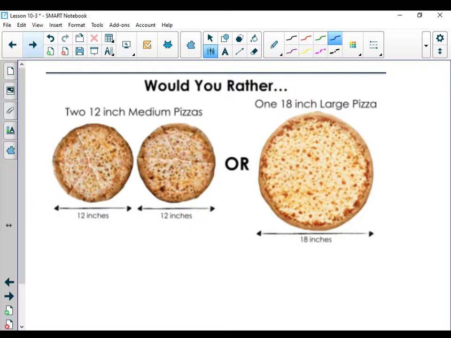So Domino's has a deal. You can get 1 large for $12 or 2 mediums for $12. You are trying to figure out which will give you the most pizza.